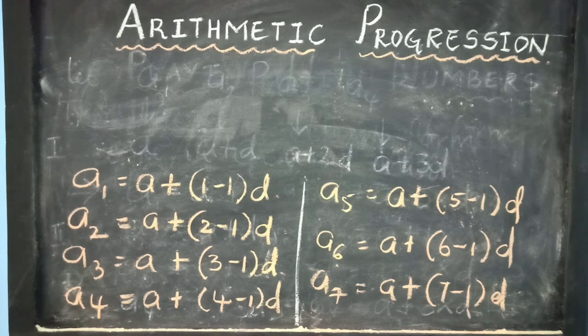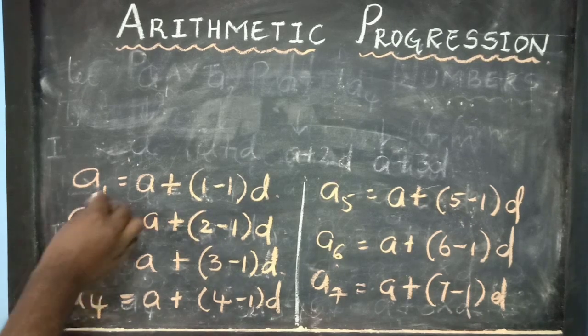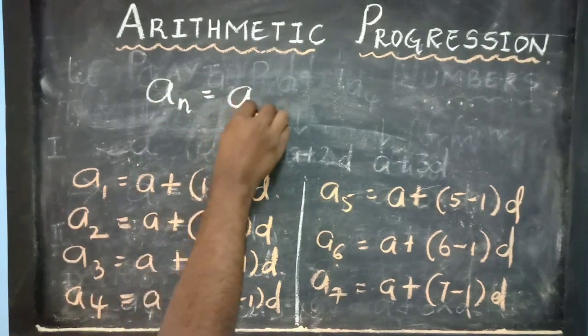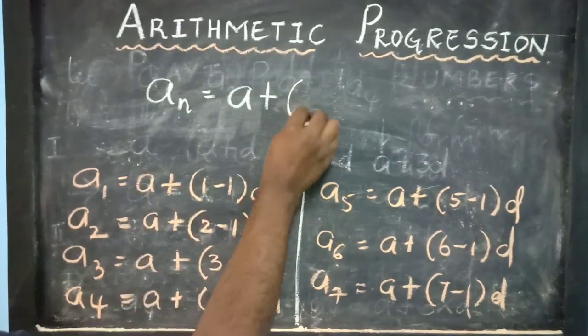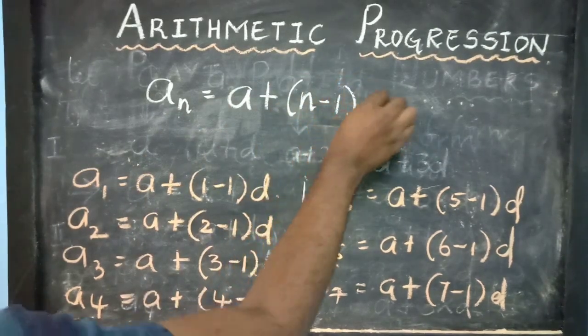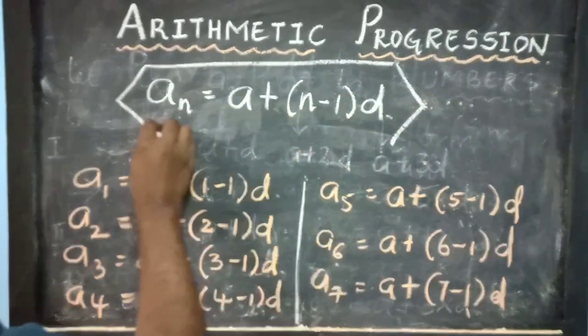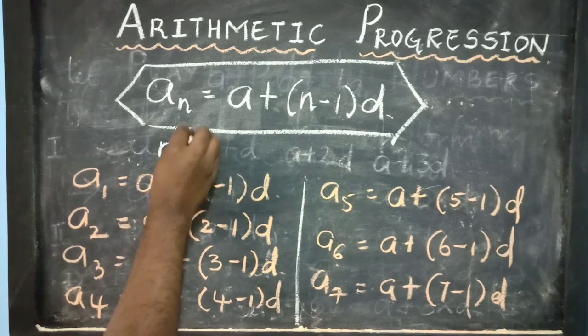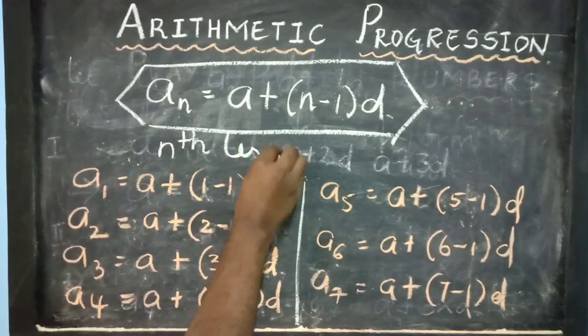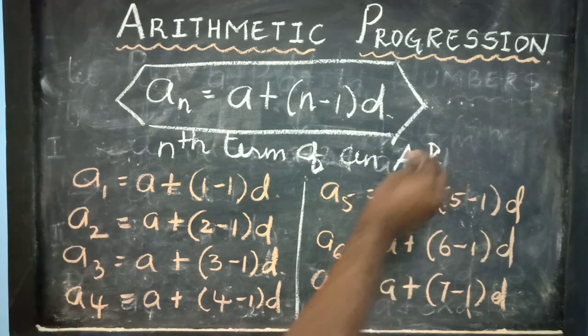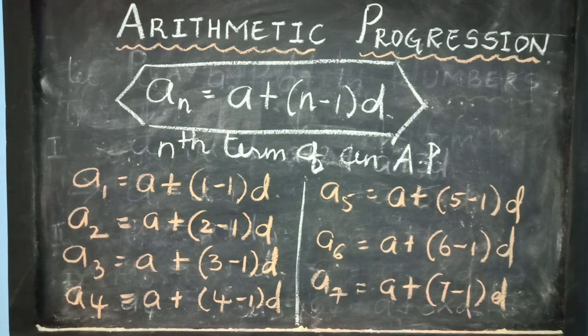Now generally I'll replace this number by n. So An equals A plus n minus 1 into D. This is the nth term of an AP. This is the formula to find out the nth term of a given AP.